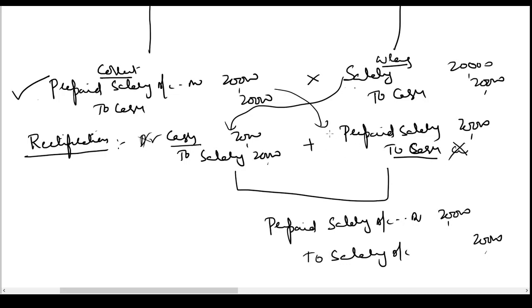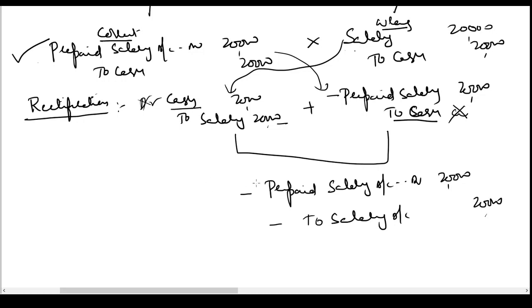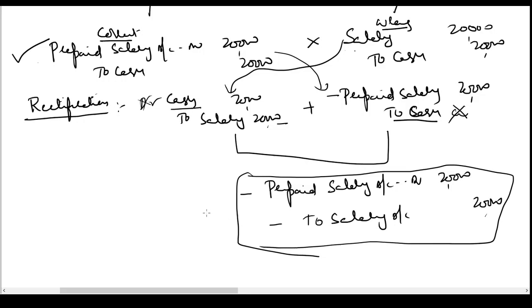So you are left with this debit and this credit. Prepaid salary account should be debited and salary account has to be credited. Now we have to give impact to this adjustment entry in the final accounts. This is the adjustment entry which we have to pass now. Adjustment entry to be given impact.